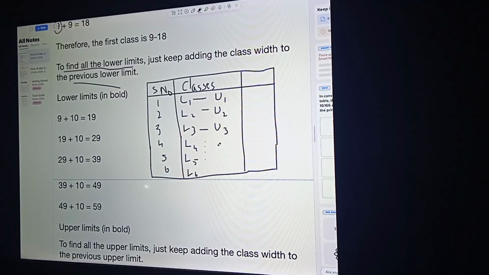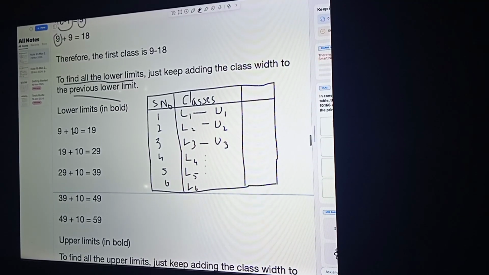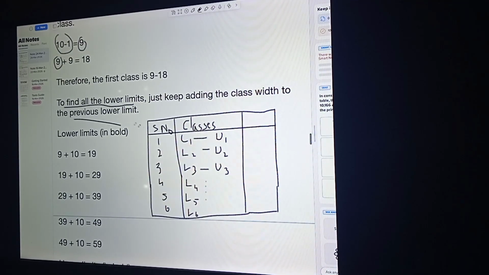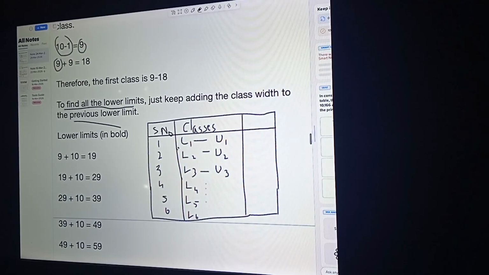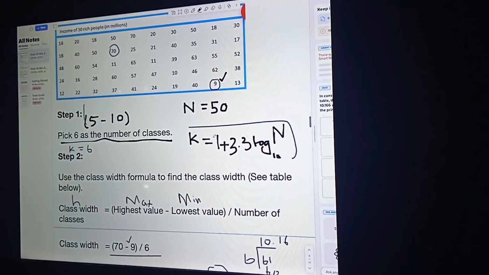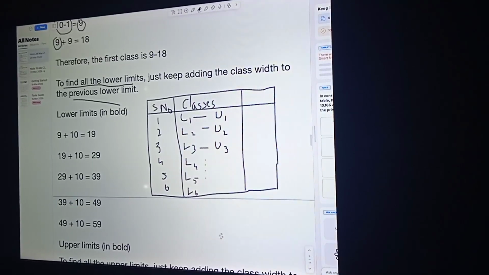So first you have to write 9 here, because you have to write this 9 as the first lower value of the first class.